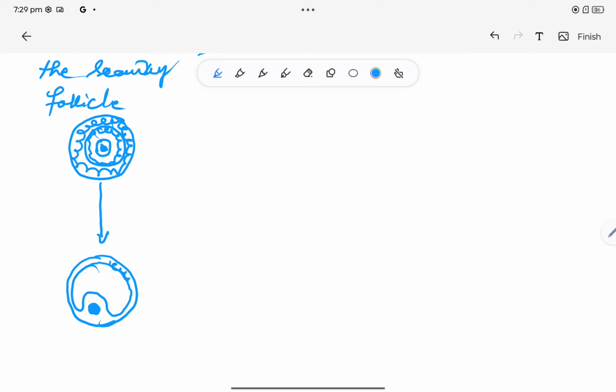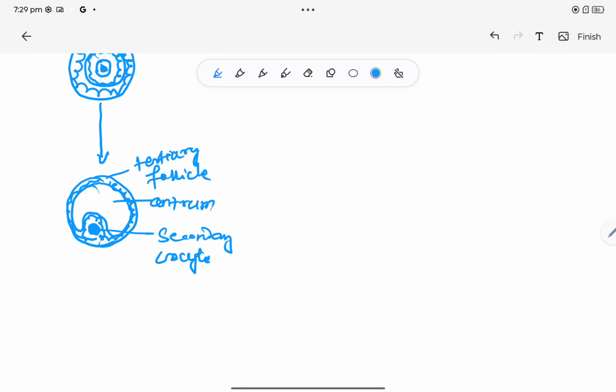These are the granulosa cells present at the periphery. Here this is the antrum, and here is the secondary oocyte. This structure is the tertiary follicle.